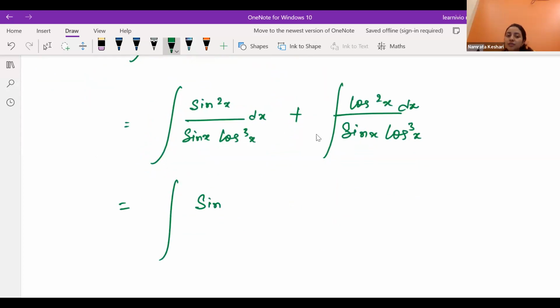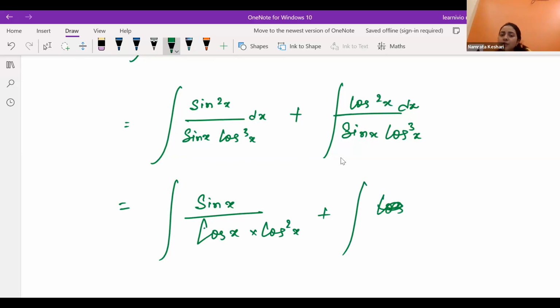So we are getting sin x by cos cube is there. Okay. Cos cube is there. You can write as a cos, and you can write cos square if you want. Here also we are having cos by not cos square, cos cube gone, right?